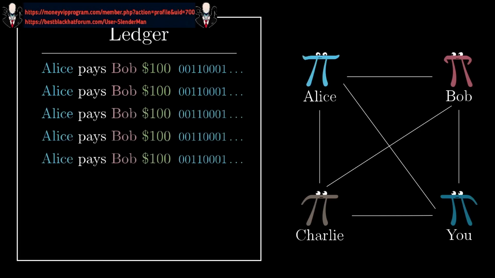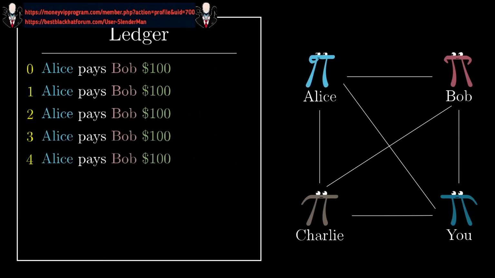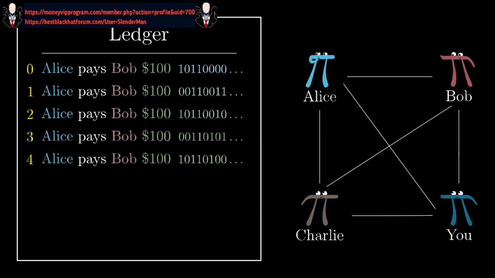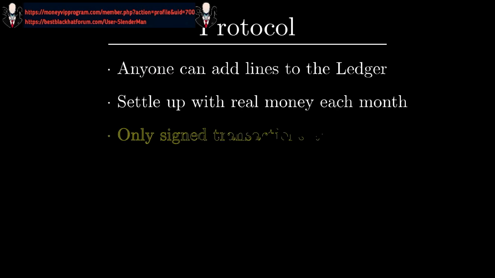To get around this, what we do is make it so that when you sign a transaction, the message has to also include some sort of unique ID associated with that transaction. That way, if Alice pays Bob $100 multiple times, each one of those lines on the ledger requires a completely new signature.